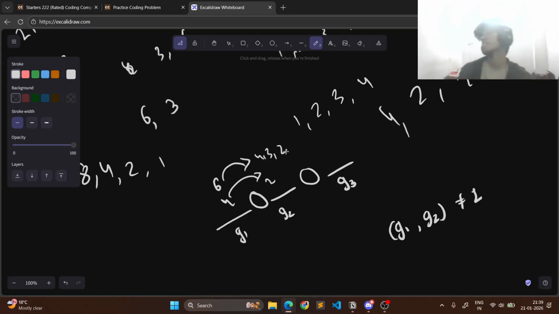So length is approaching infinity. The main thing is length is approaching infinity. Has to be some solution.